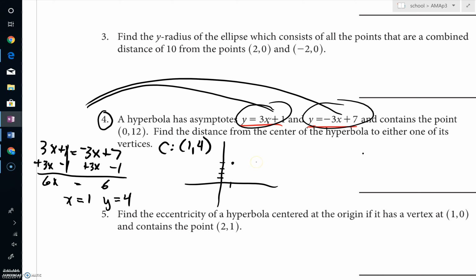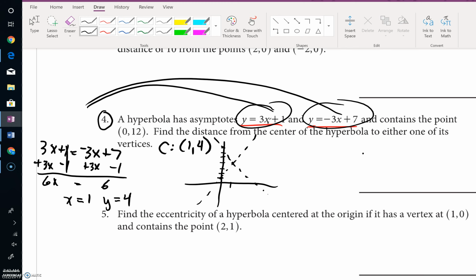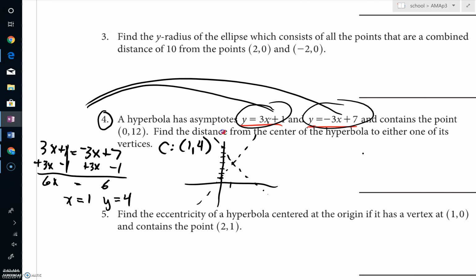Here's 1, 4. And we've got 3x plus 1 looking like this. We've got a slope of 3. And here's 4, 5, 6, 7. That's right over here. And you can see 0, 12 is up here.